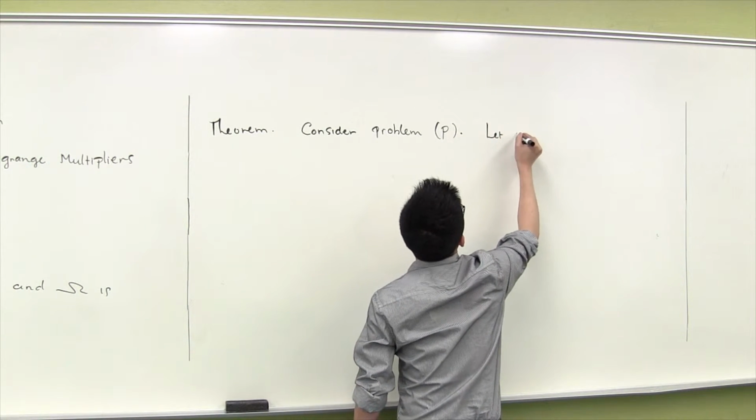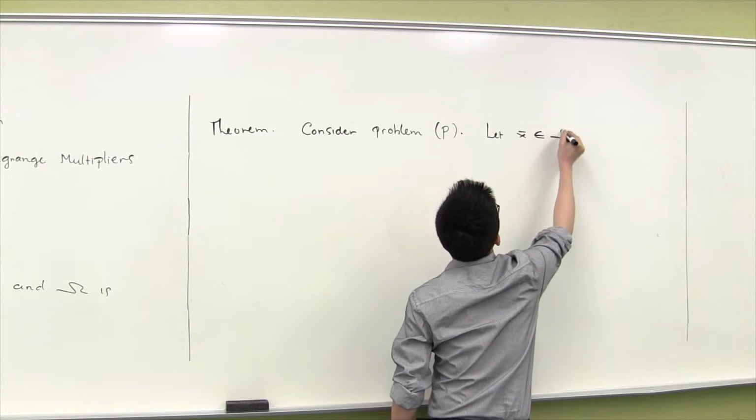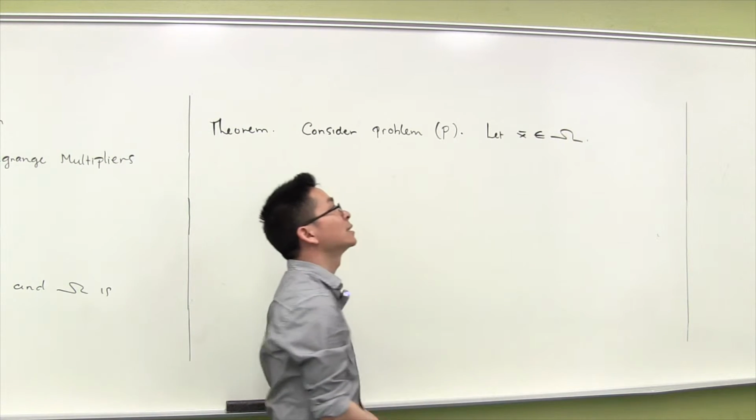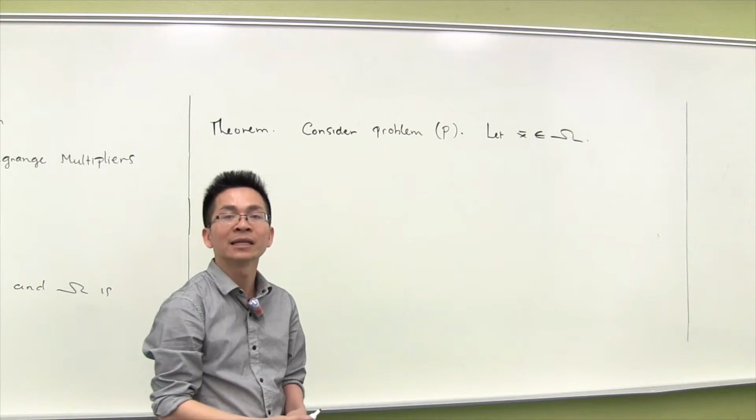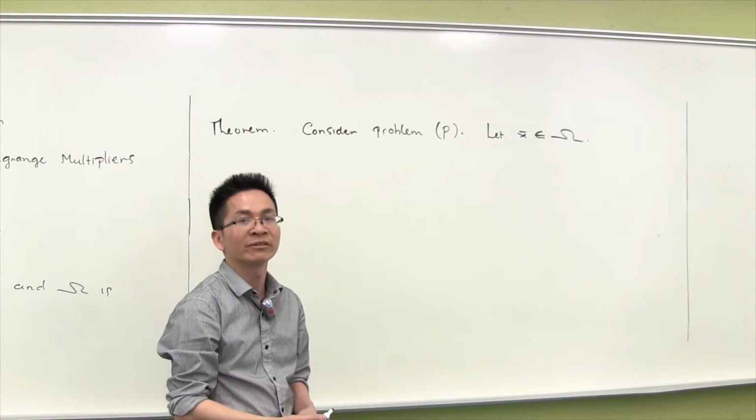Let x bar be an element of omega. In this case, again, we say that x bar is a feasible solution of the problem.